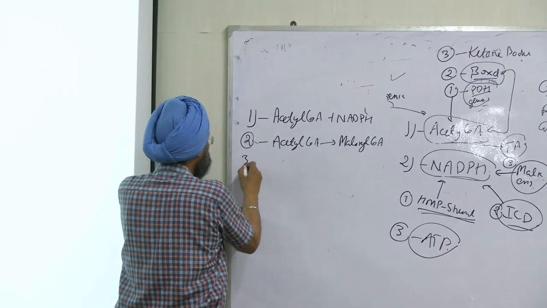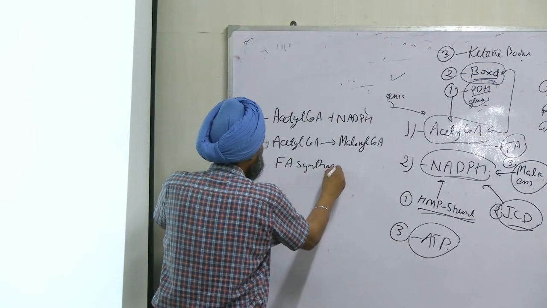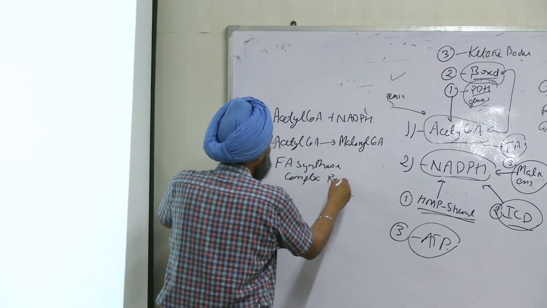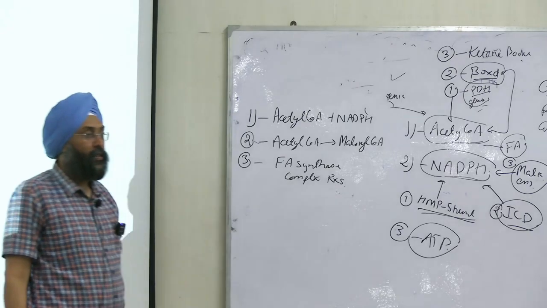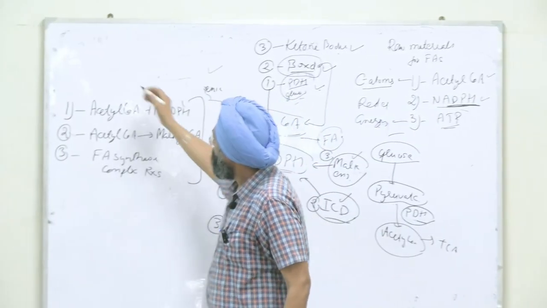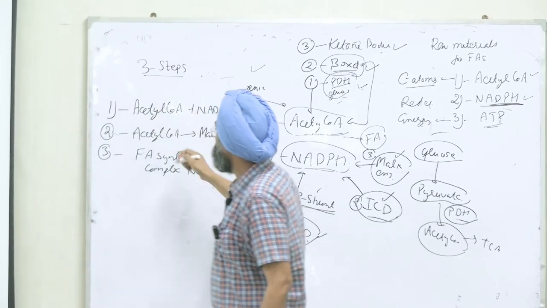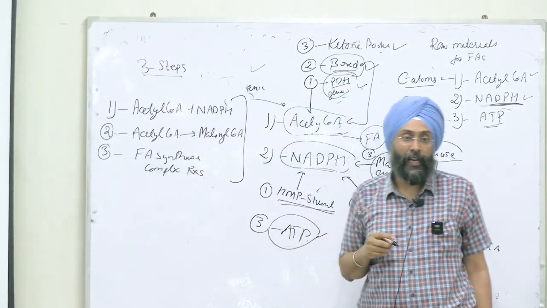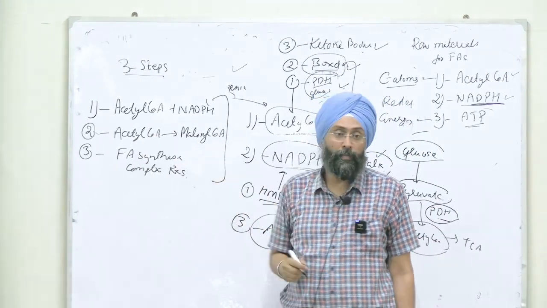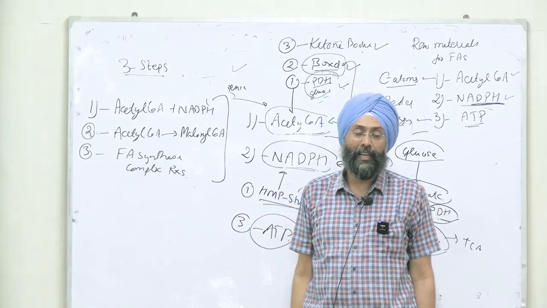And the third is fatty acid synthetase complex reactions, right? So the three steps for fatty acid synthesis proper are: first, providing acetyl CoA and NADPH; second, conversion of acetyl CoA into malonyl CoA; and third, reactions of the fatty acid synthetase complex proper.